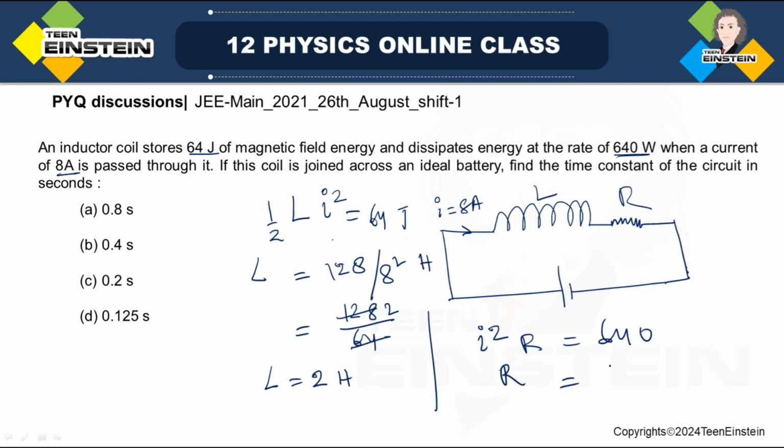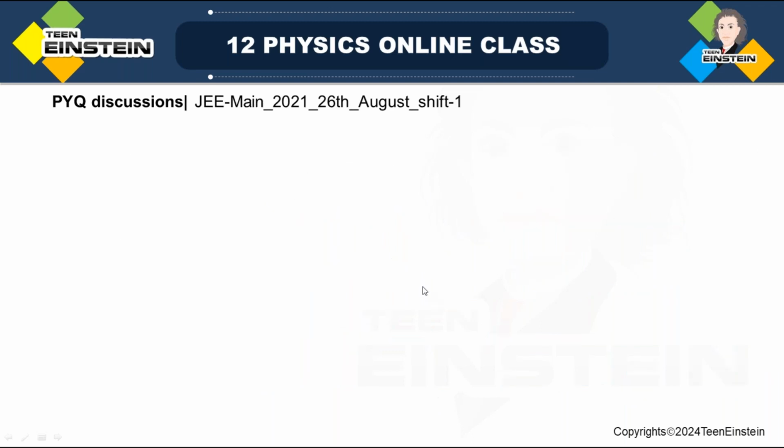R will be then 640 divided by I square, means 8 square, that is 64. Then it is 10 ohm. Okay. So we have got L and R. Now you have to find out what is the time constant.